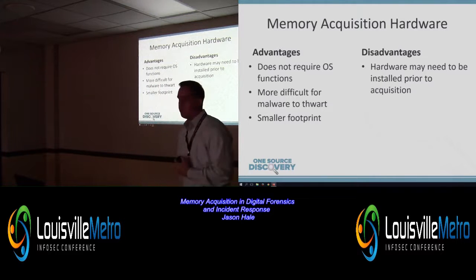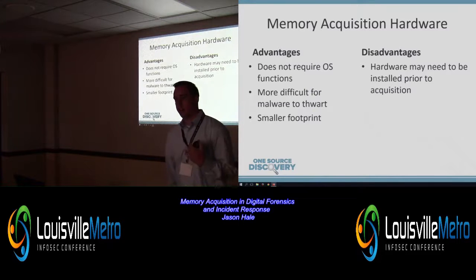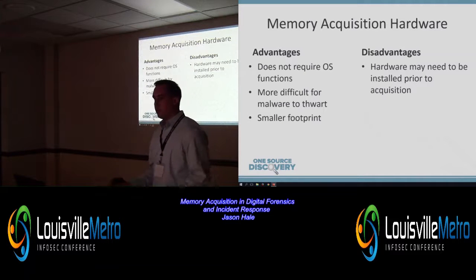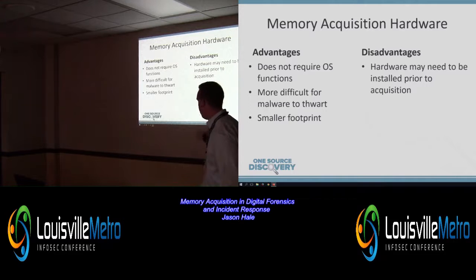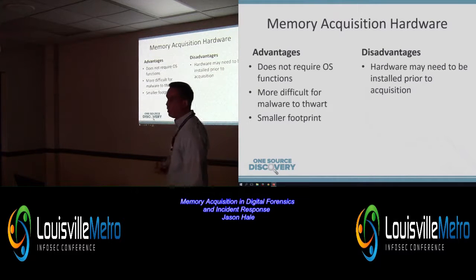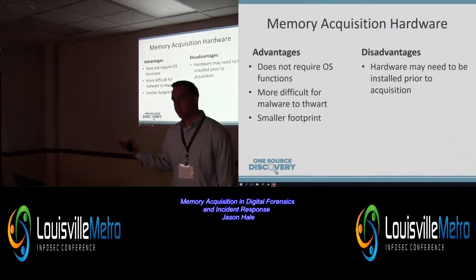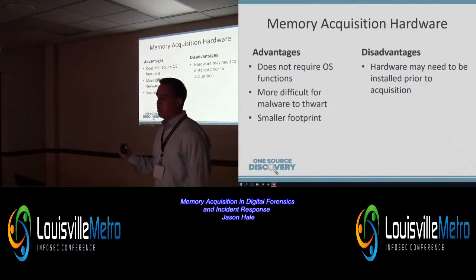And one of the huge ones that jumps right out is that if you're using a PCI Express card as your acquisition utility or as your acquisition tool, you typically are going to have to install this thing prior to acquisition. So, which means if you have a machine that you want to acquire, are you really going to shut down the system, install your PCI Express card, and then turn it back on? Probably not. And in fact, this is not really the intention.